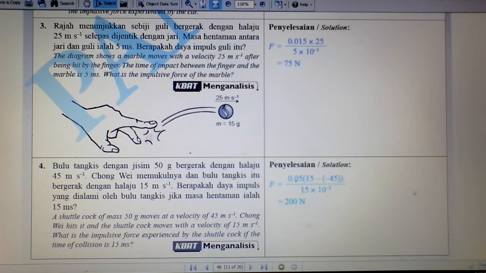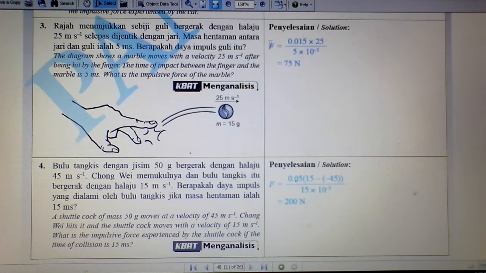Meaning initially the marble is at rest. So we use the formula. Final velocity is 25 meters second negative 1. So the impulsive force on the marble is mv minus mu divided by t.